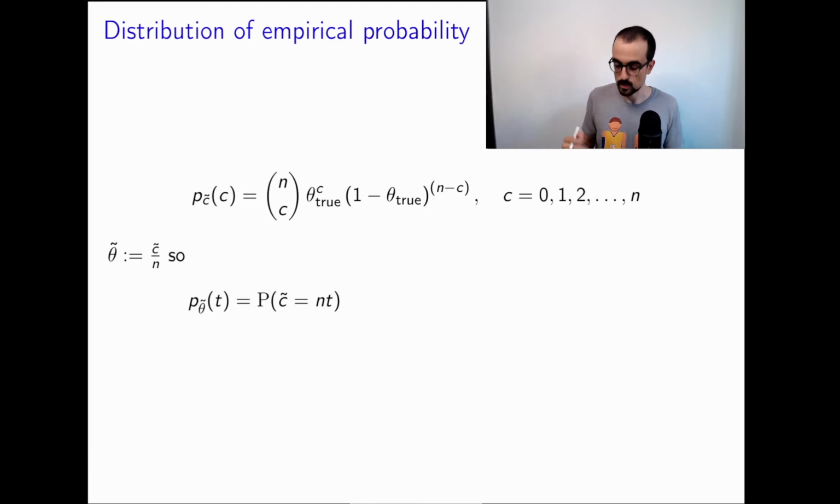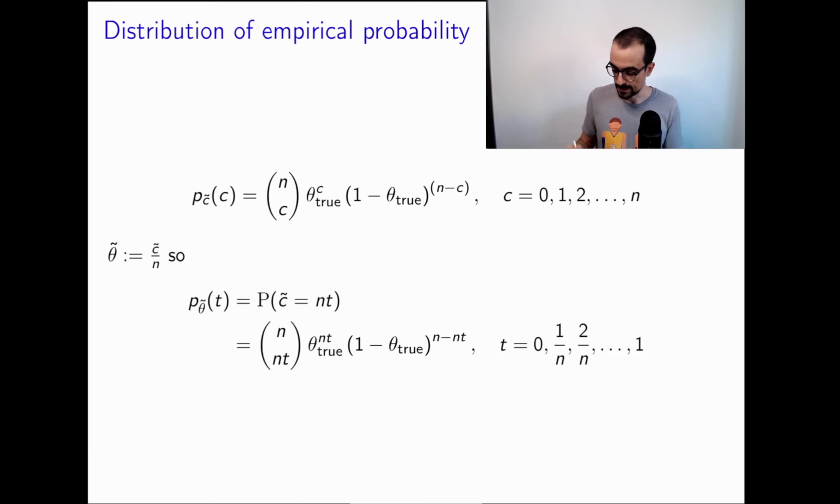What is the probability that the count is equal to nt? We've seen that the count is a binomial, so we can just plug in the binomial PMF there, putting nt in the place of the count.